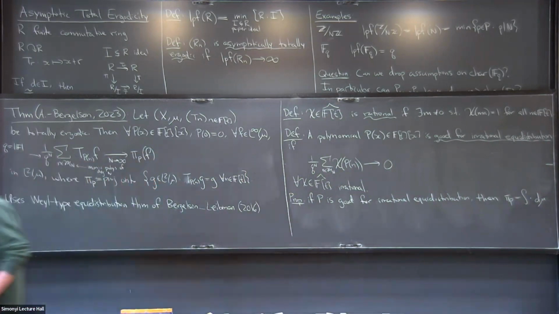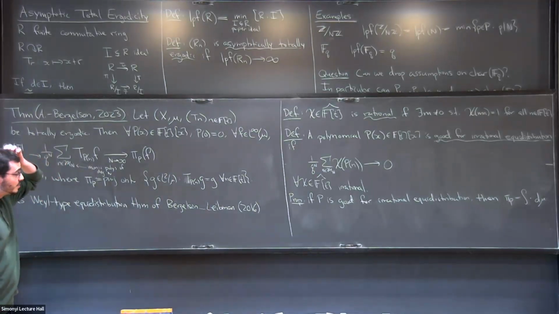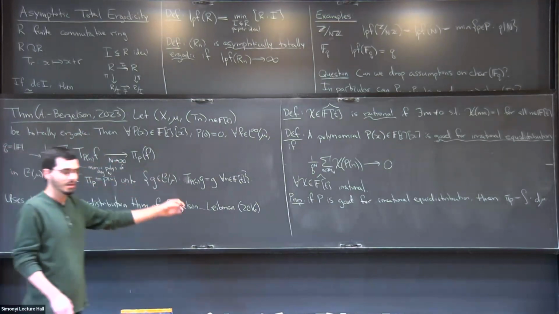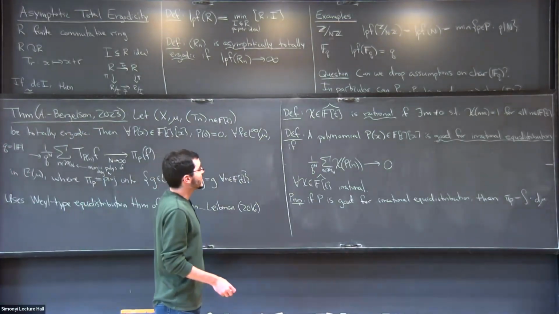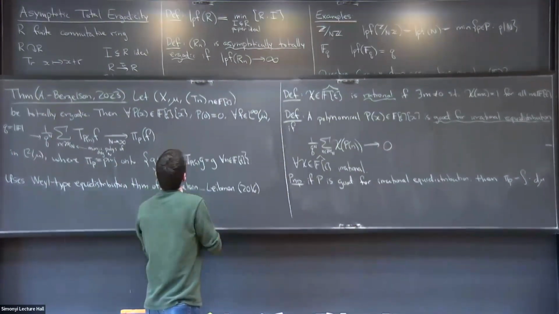Okay, so right, so now I want to take this result here and put it in some finitary setting where asymptotic total ergodicity is coming into play.